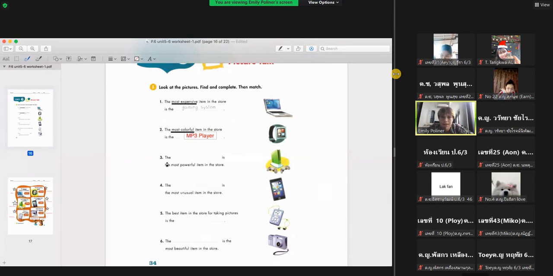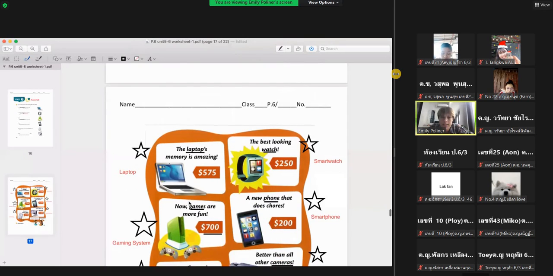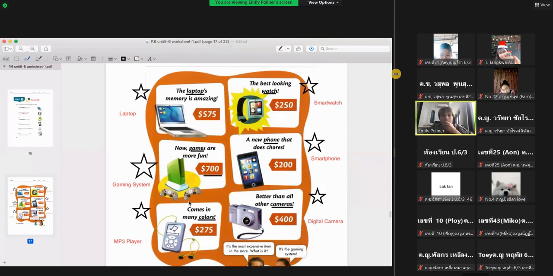Number 3. The blank is the most powerful item in the store. Which one says that it is the most powerful? So none of these say the most powerful, right? But which one has the best memory? Which one has the most amount of memory, which means it'd be the most powerful?